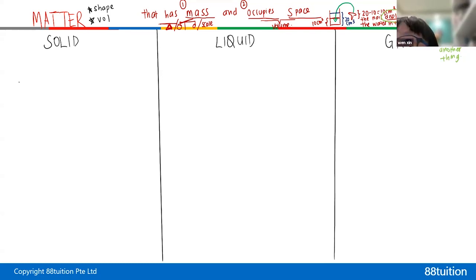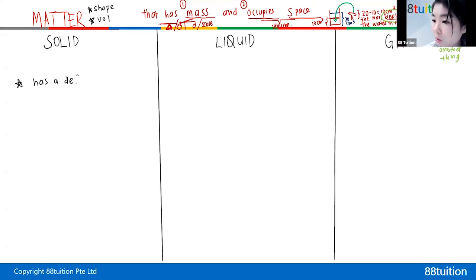Yes. Good. So first thing, solid has a definite shape, which means on its own, its shape is fixed. Unless, for example, I hammer it, I use a force, then I can change the shape. Very good. Okay, let's talk about liquid. Does liquid have a definite shape, Wansing?